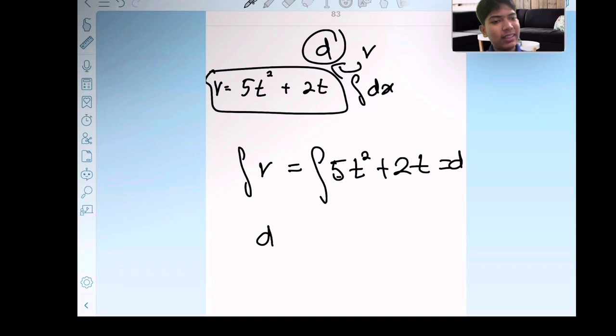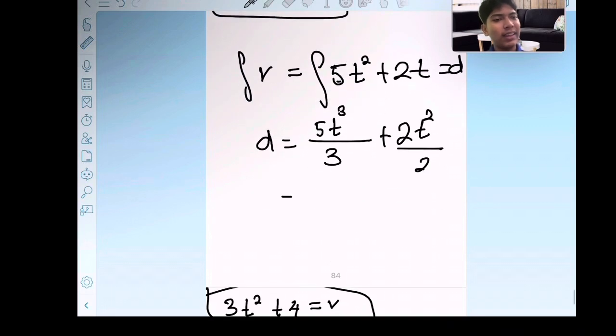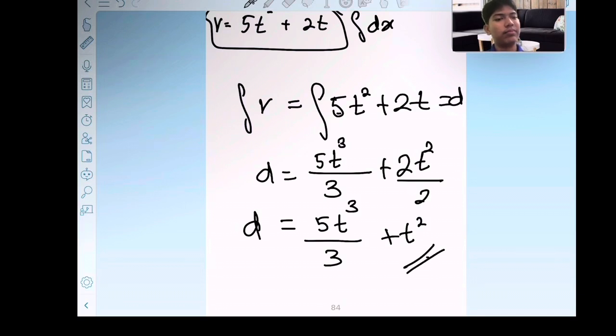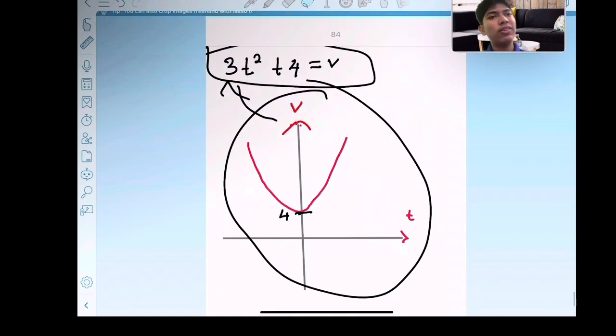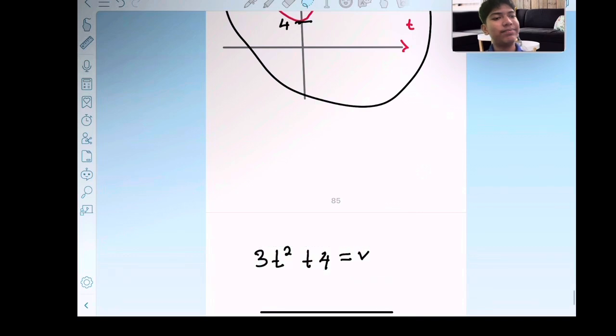So we get displacement equal to 5t cubed over 3 plus 2t squared over 2, which simplifies to 5t cubed over 3 plus t squared. And this is the displacement for Taufik's velocity function. And then now we go through to Syahmi's velocity function.